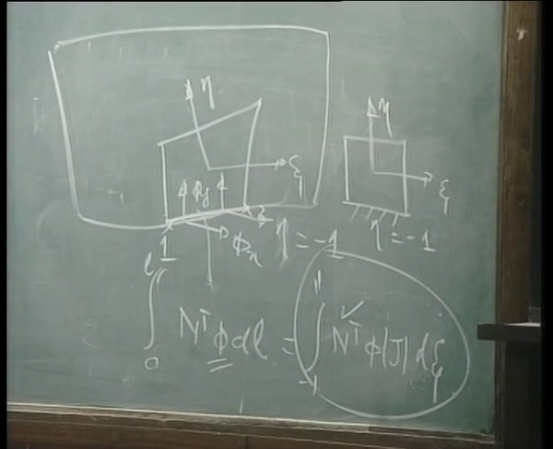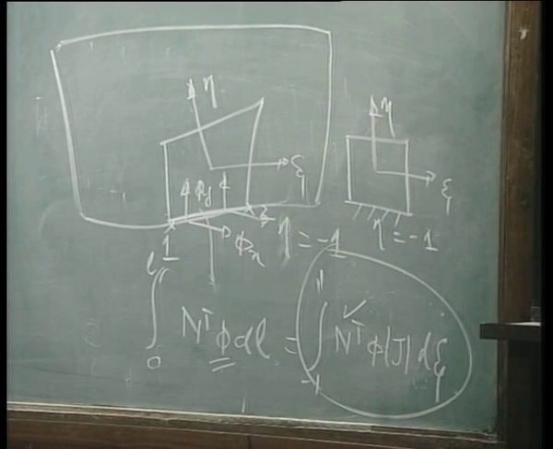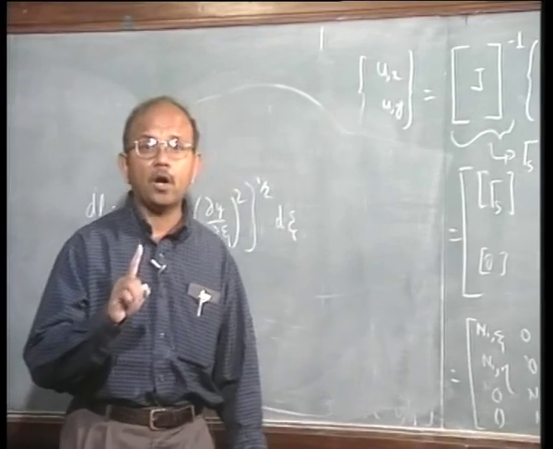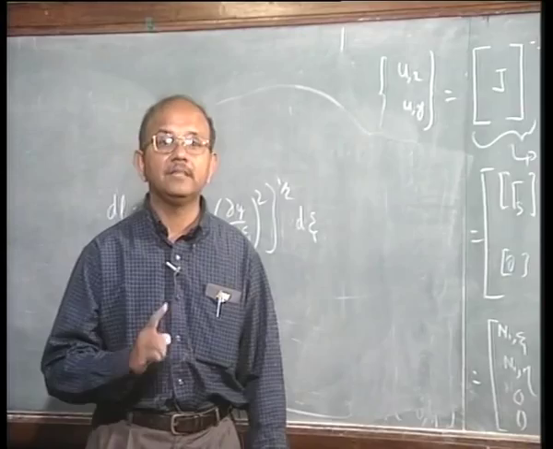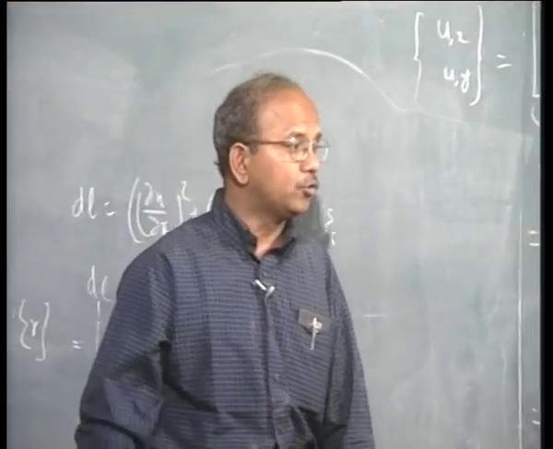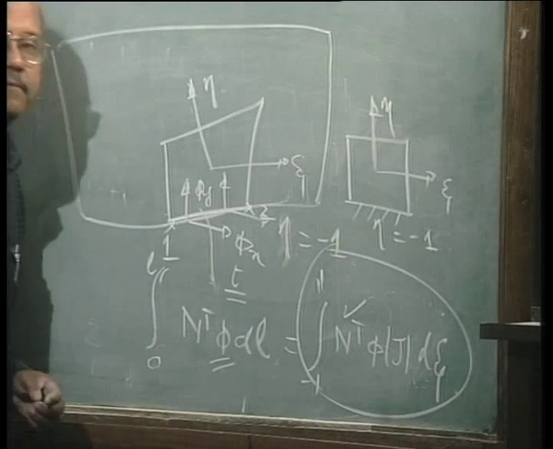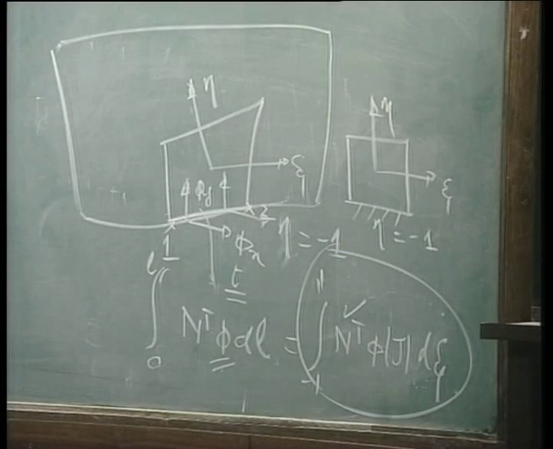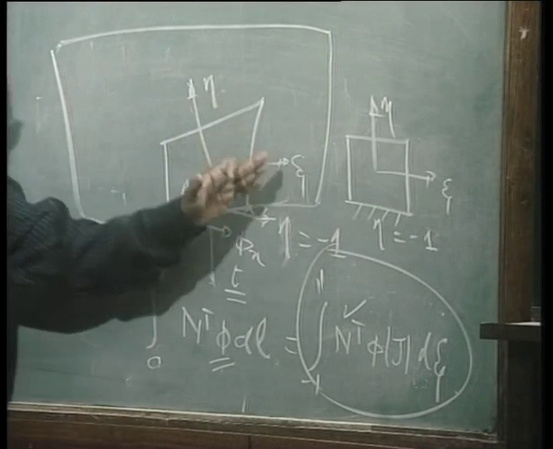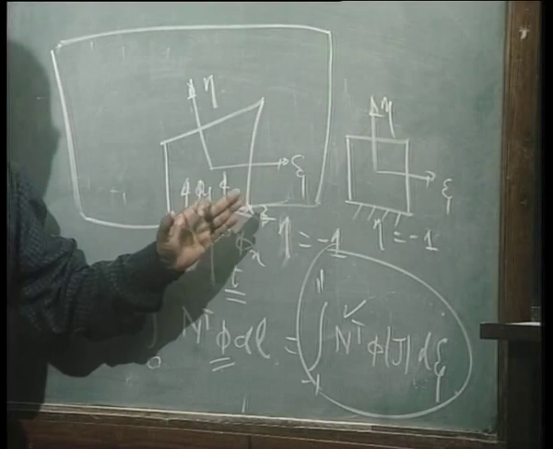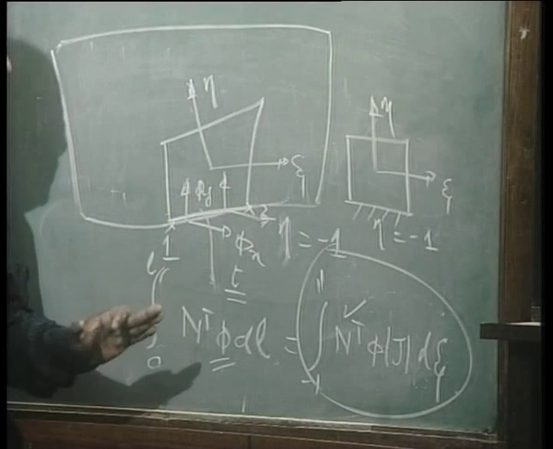In this particular definition we have assumed that phi is defined per unit length. If phi is not defined per unit length, then you will have to look at the thickness t as well, so that you convert it into unit length. Why do we emphasize unit length? Because we are now in a plane. So it is important that you look at how phi is defined.